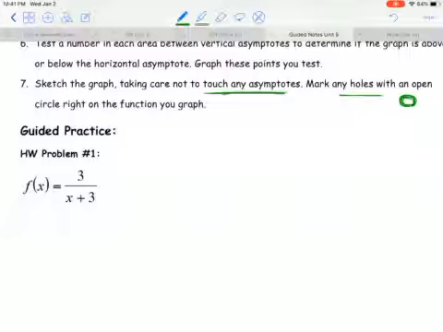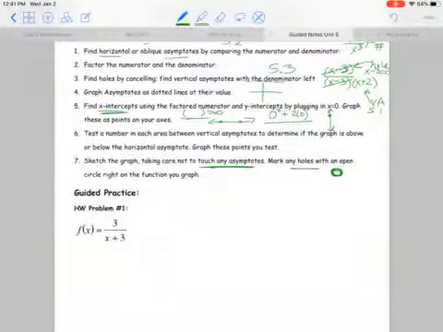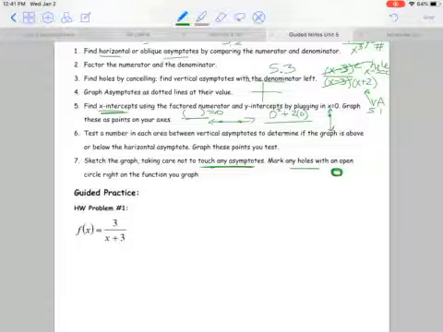So let's try problem number 1. So problem number 1, our first step again is to find those horizontal asymptotes. So 3 and x. x is bigger on bottom, so our horizontal asymptote is y equals 0. And then we factor.